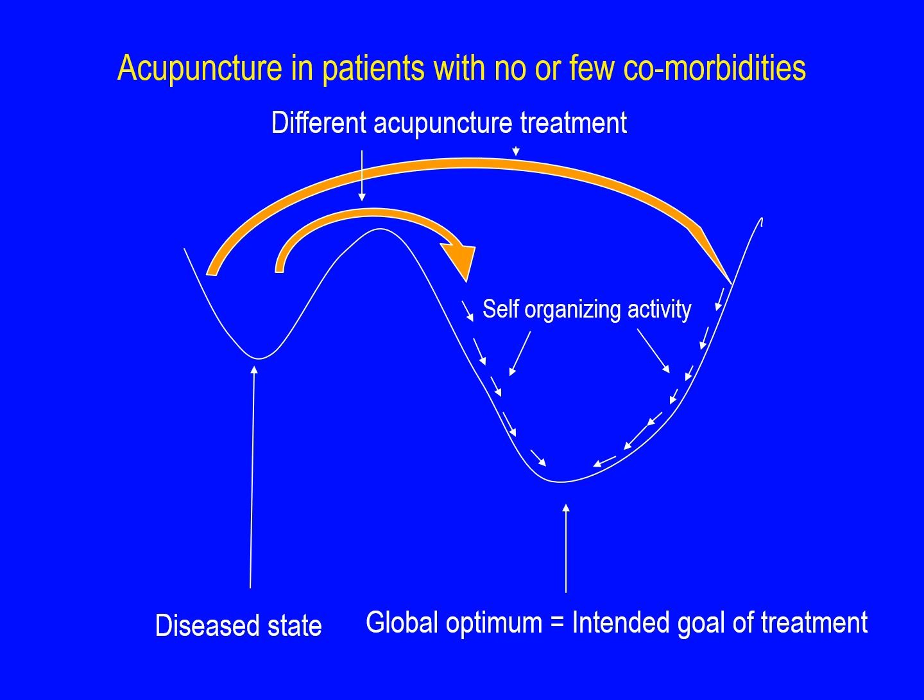And because the patient has only one problem, a different acupuncture treatment can often lead to the same effect of normalization. They will all reach the global optimum relatively easily.